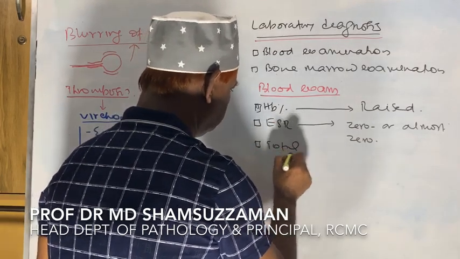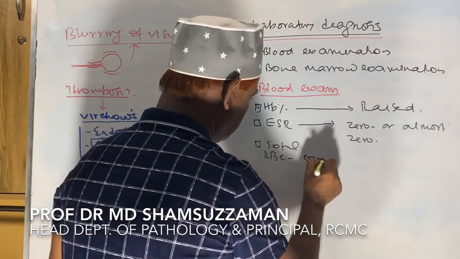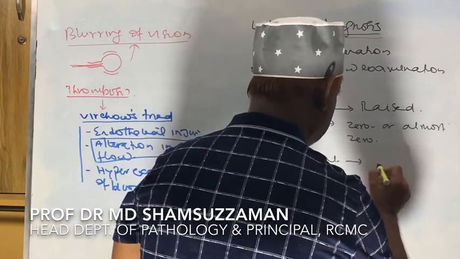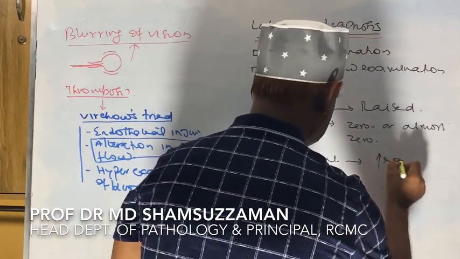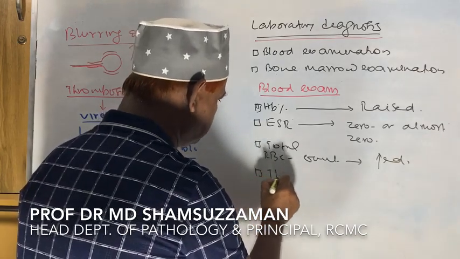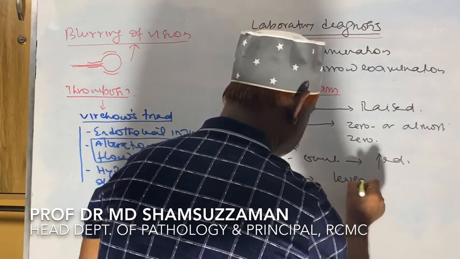Total RBC count, it is more than 5 lakhs, that is increased. TLC, total leukocyte count, leukocytosis.